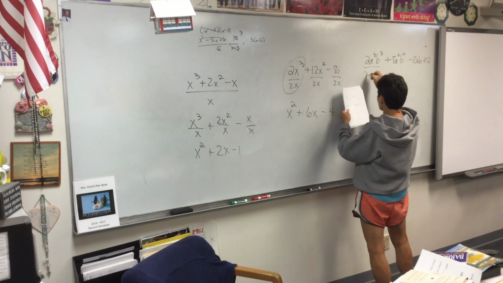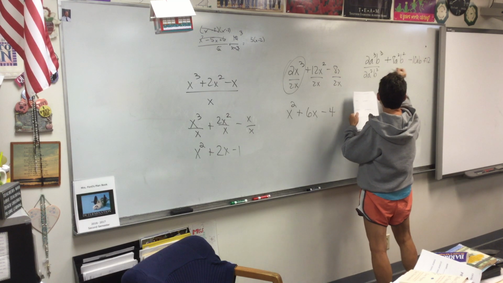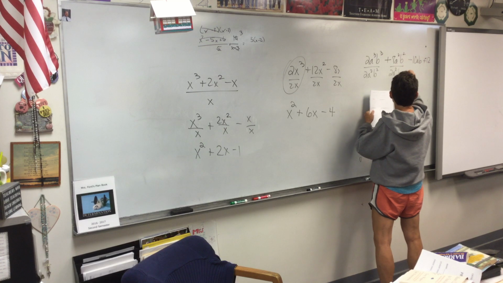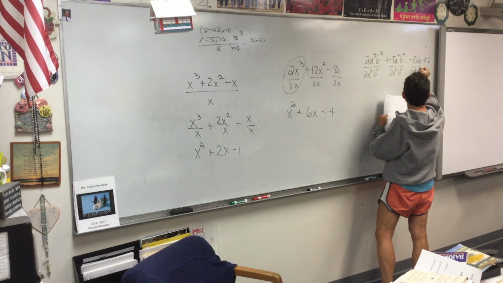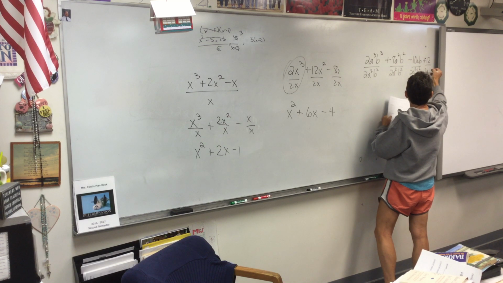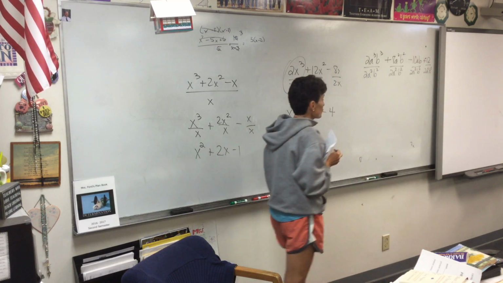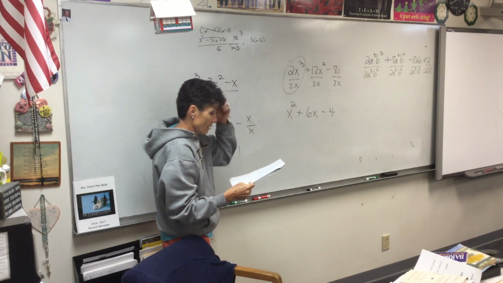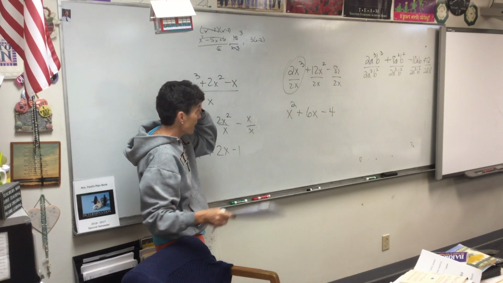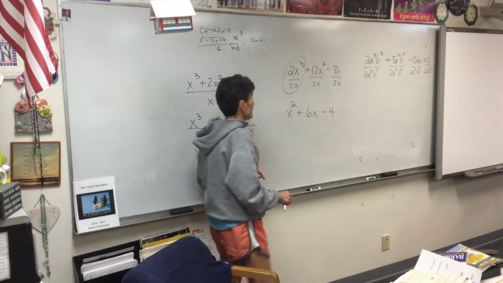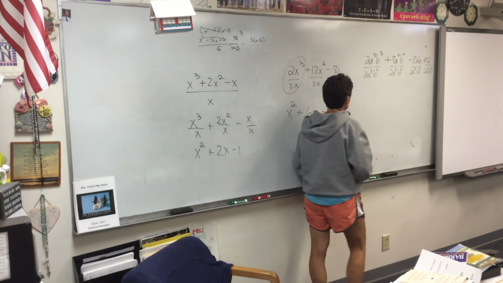So all of those are over 2a squared b squared. So, one term at a time. There are 4 things on top. Each one of them is over 2a squared b squared.